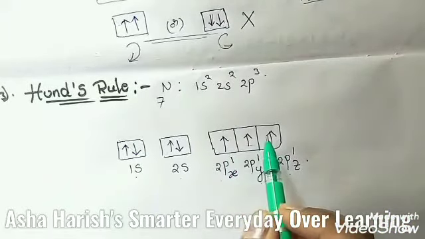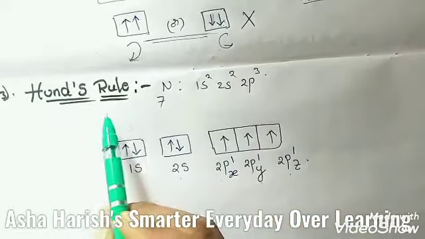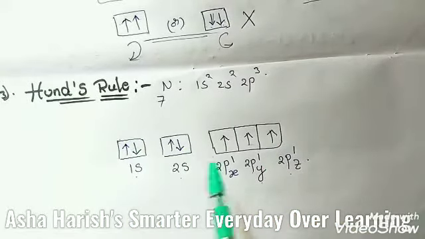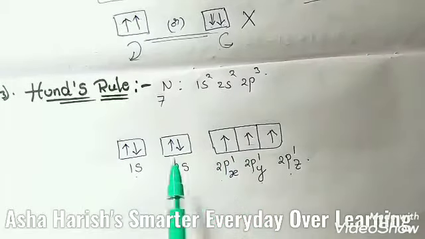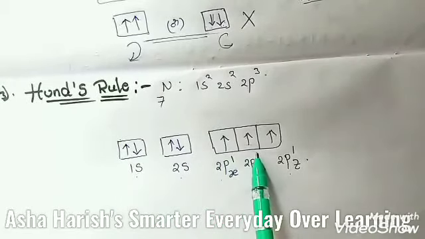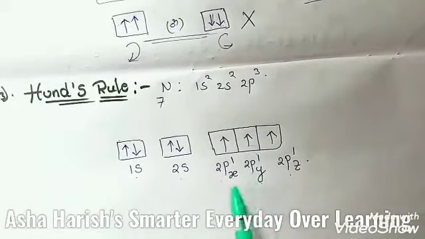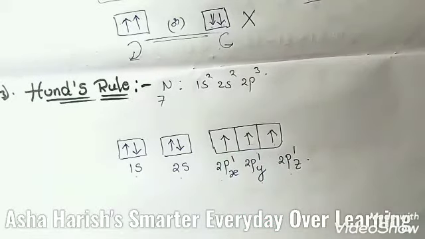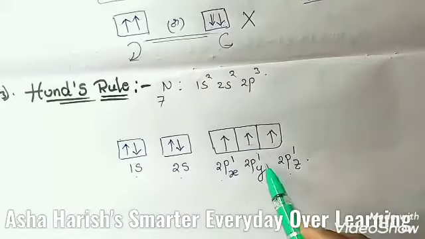According to Hund's rule, students, electron pairing in p, d, f orbitals can't occur until each orbital of a given subshell contains one single electron, or is singly occupied. According to that definition, it is satisfied.